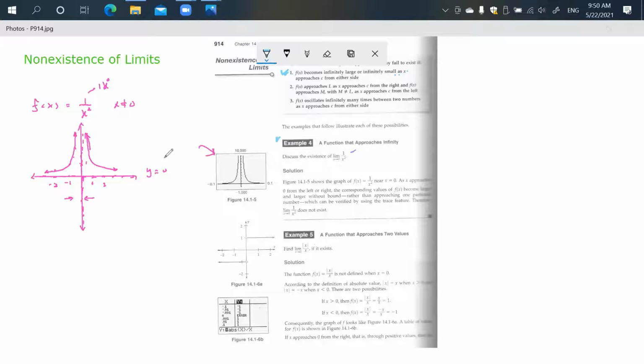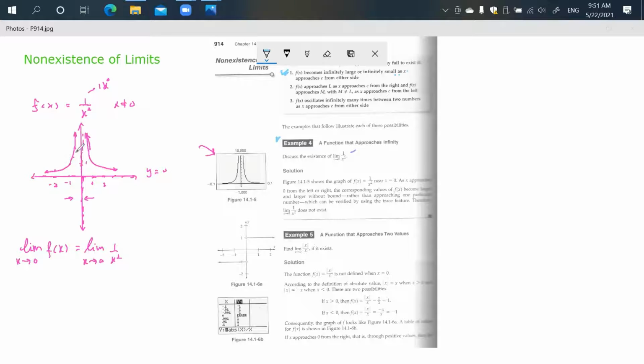But then you see when we take the limit of f of x when x approaches 0, this is equal to the limit of 1 over x squared when x approaches 0.